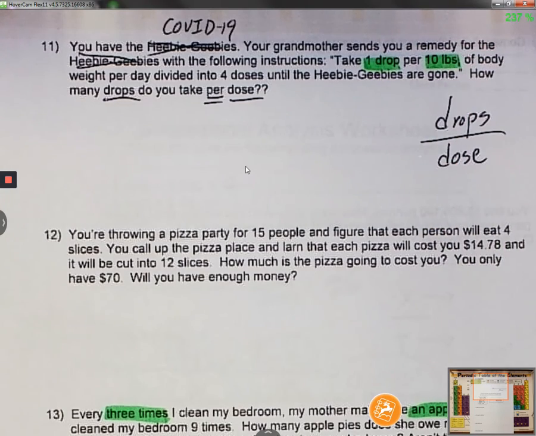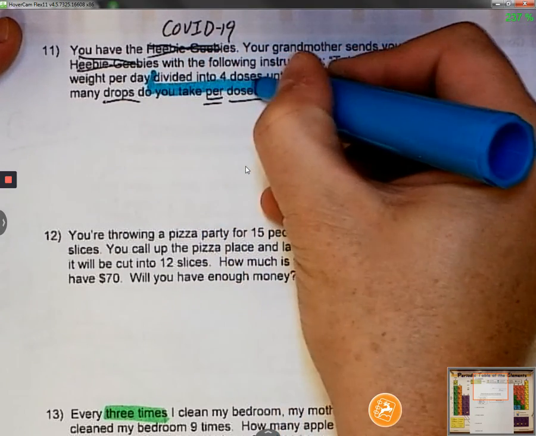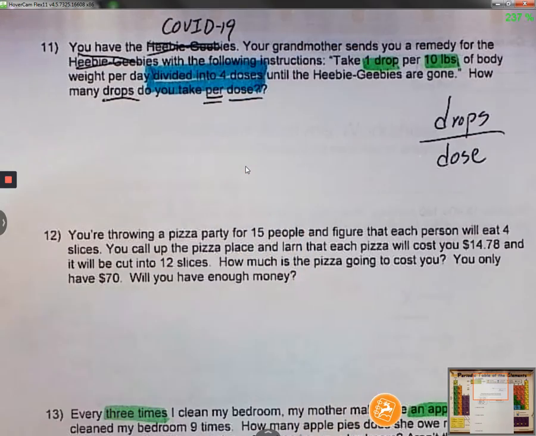Okay? Anything else? Yeah, 4 doses. Now they don't say what's being divided into doses. They just say we're taking this and dividing it into 4 doses. So that's going to come into play in just a minute. It looks a little bit different than what we've done, but not too much.